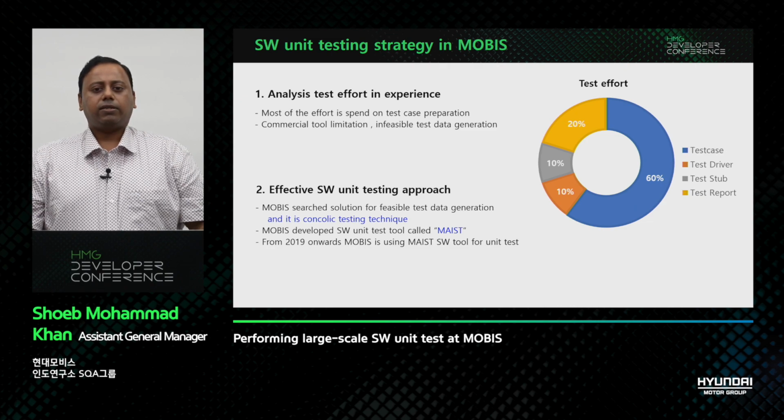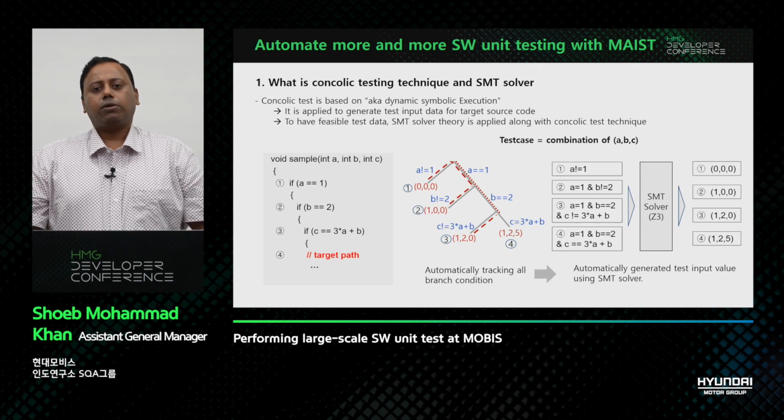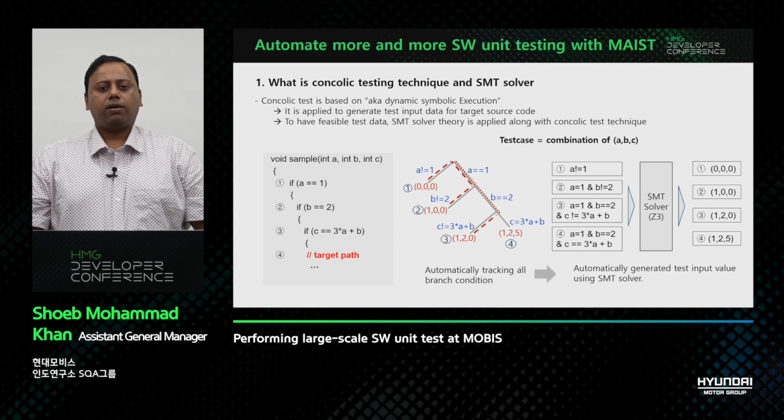Now, let us explore how the concolic testing technique is applied within MIST to address these testing challenges. To automate more and more software unit testing with MIST, let us understand what the concolic testing technique and SMT solver are. Concolic testing, also known as dynamic symbolic execution, is known as CROWN in MIST.